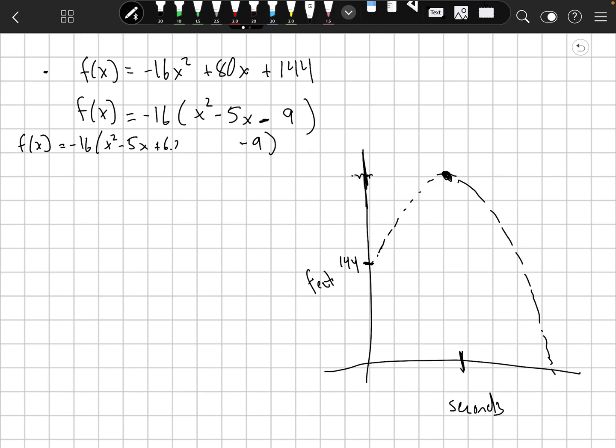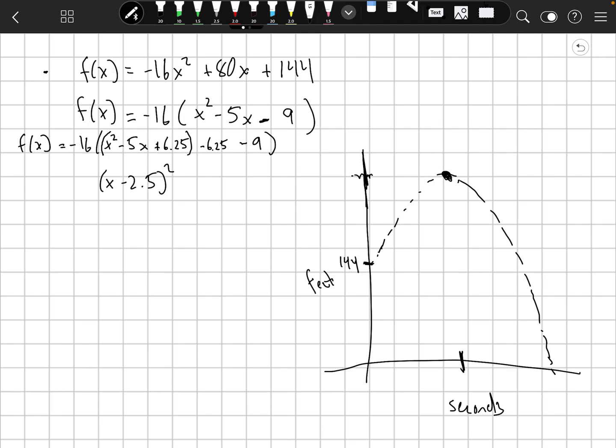So plus 6.25 and minus 6.25. That little trick there really doesn't change the value of that expression. And now we take a look at just this piece right here for a minute. This is a perfect square trinomial, so we're going to break it down to a perfect square of two binomials. So x minus 2.5 squared.